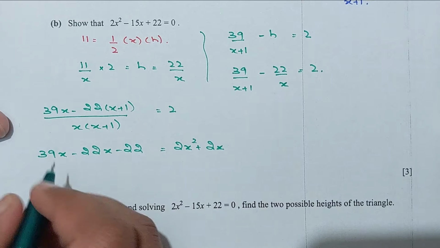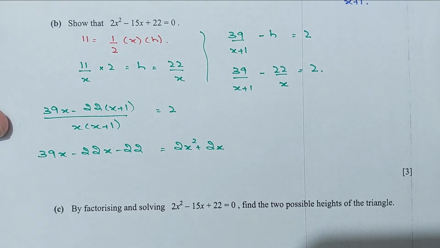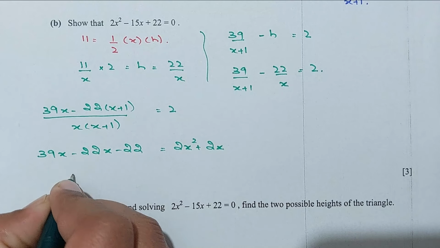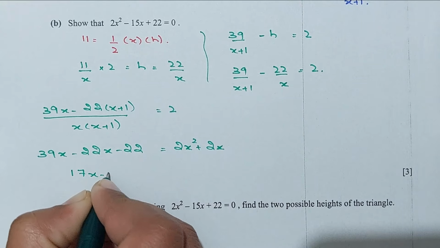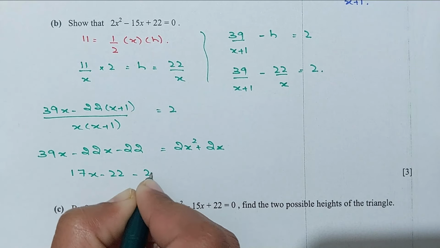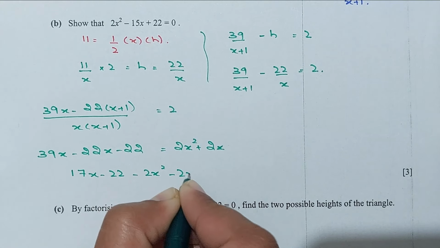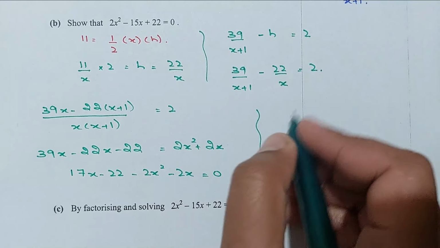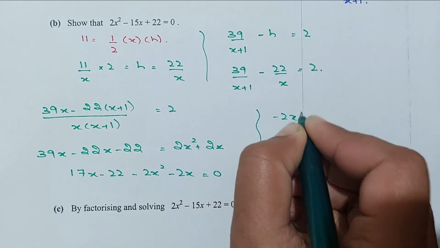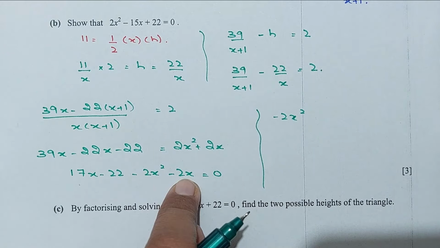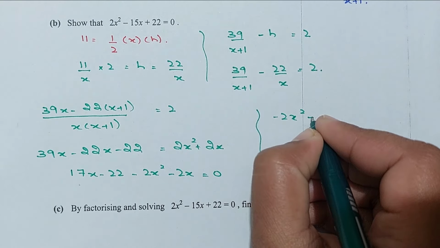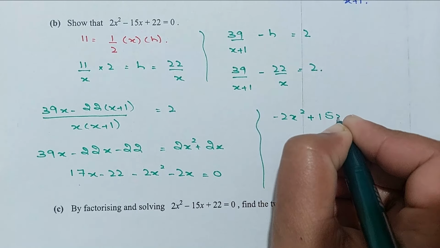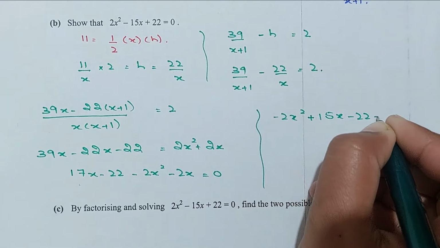Okay, so now simplify 39 minus 22. From 39 take away 22 is 17. Yeah, that is 17x minus 22 minus 2x square minus 2x equals 0. Okay, 17 minus 2 is 15x, so minus 2x square plus 15x minus 22 equals 0.